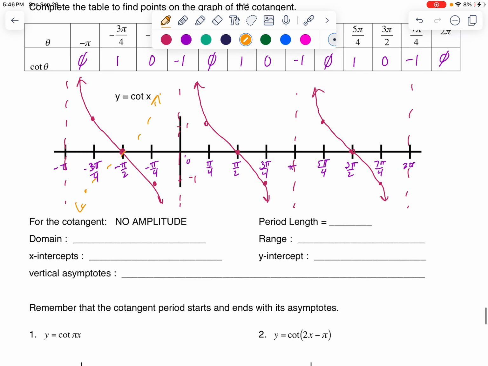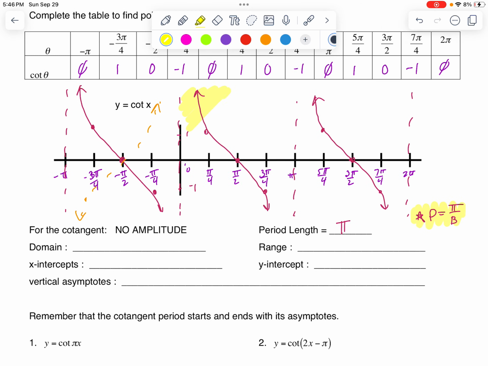So same exact thing, has no amplitude. The period length is also going to be pi, so that means when we're looking at period, it's just going to be pi all over the b. In this case scenario, we're focusing on this interval or a period of pi. Domain, very similar, all reals except when we have pi times k for some k instead of integers.